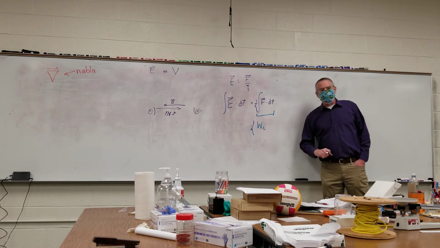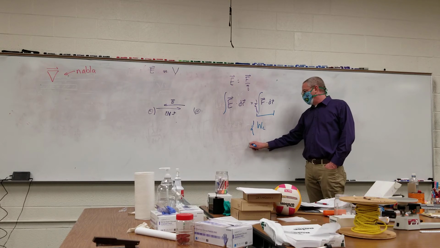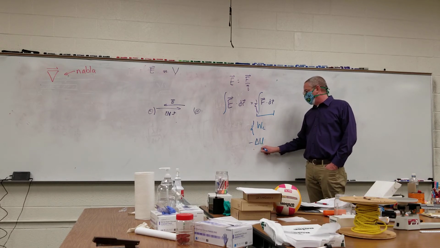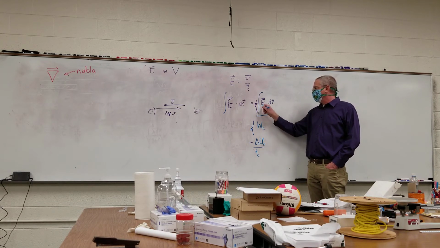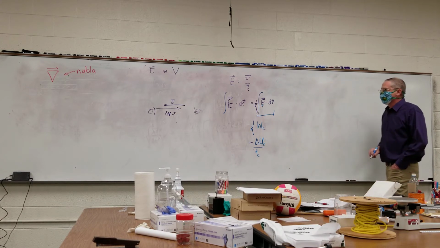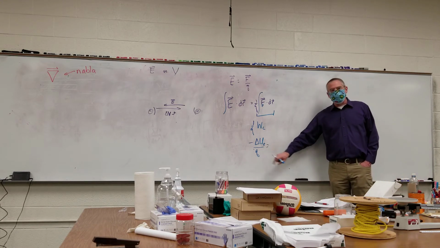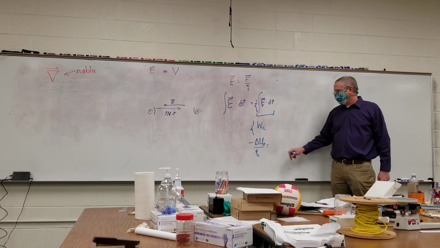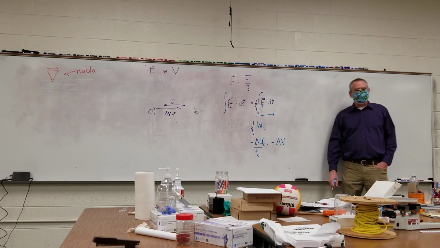And what is conservative work equal to? Negative change in potential energy. So this becomes negative change in potential energy divided by charge, electric potential energy specifically. And the negative change in electric potential energy divided by that test charge is the change in electric potential.